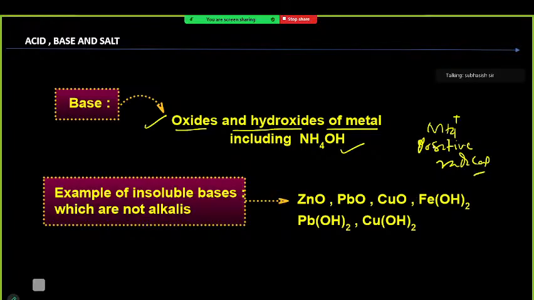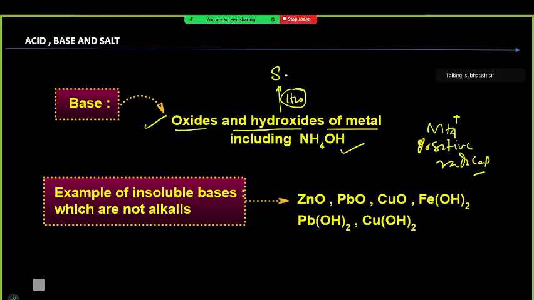So ammonium hydroxide is also considered to be a base, along with other oxides and hydroxides of metals like sodium oxide, sodium hydroxide, or magnesium oxide, magnesium hydroxide, etc. All those compounds are considered as bases.